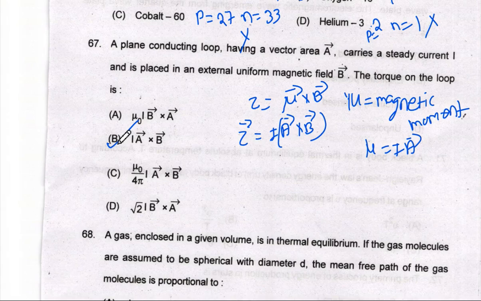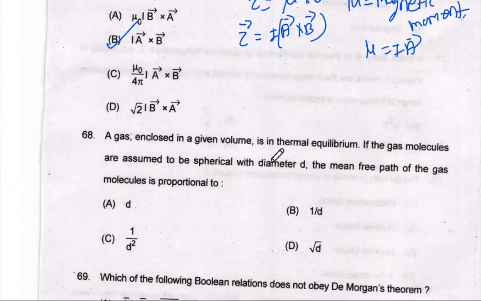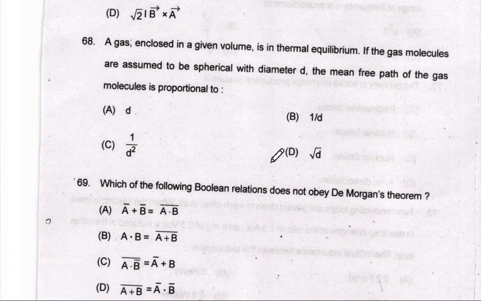So next question, question number 68, is saying a gas enclosed in a given volume in thermal equilibrium. If the gas molecules are assumed to be spherical with diameter d, the mean free path of molecules is proportional to what? So we have to write its formula first.